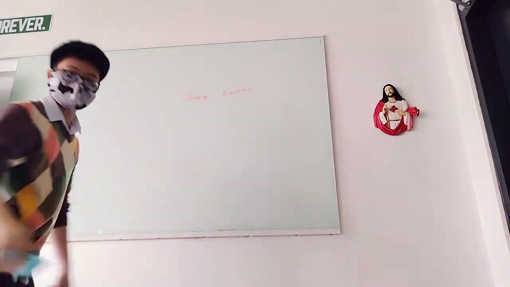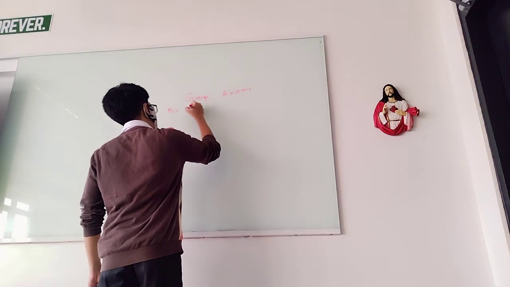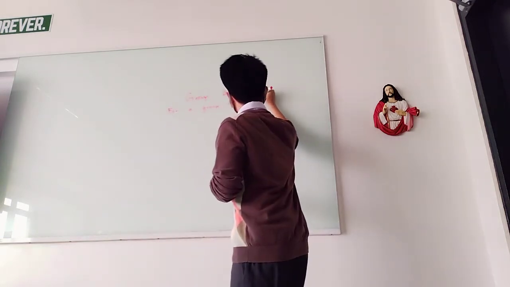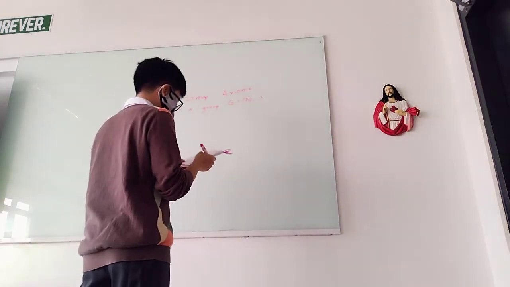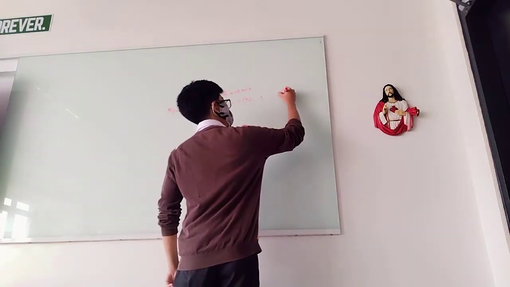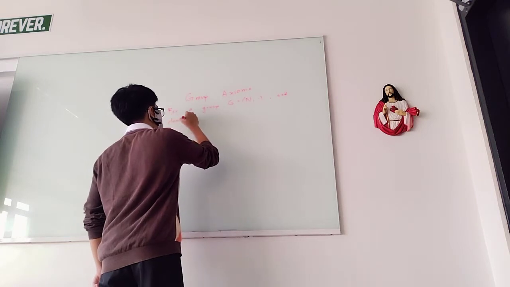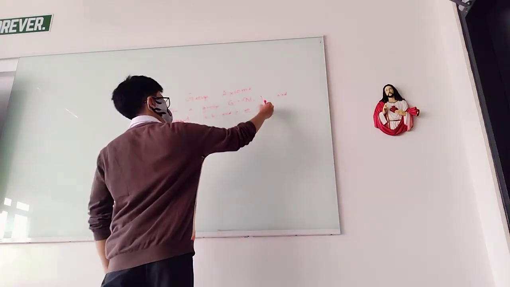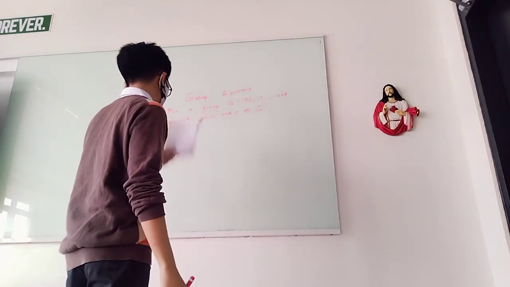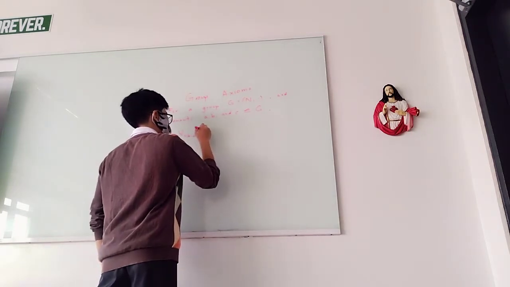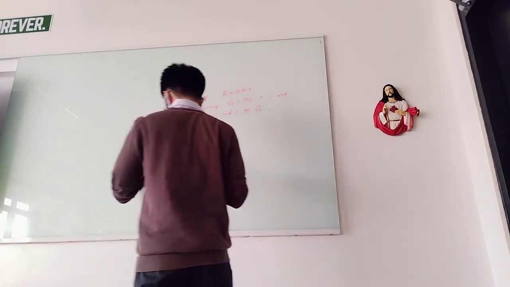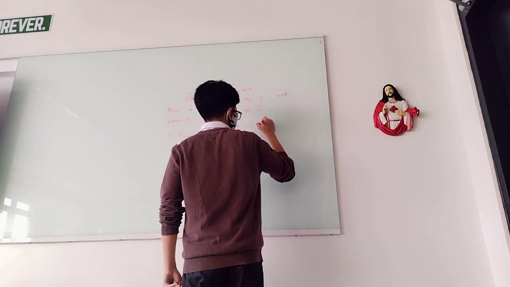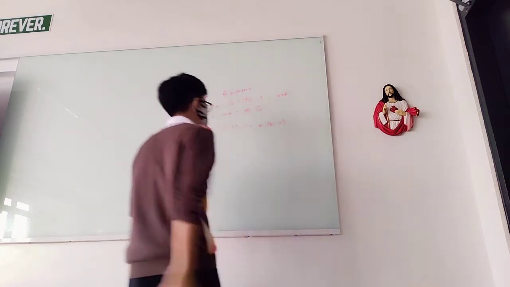Of course, for a group G equals N with some operation dot, which we will say is the multiplication operation, and elements A, B, and C in G. The first axiom that a group must satisfy is that for all A, B, C inside G, A times B inside the parentheses times C is equal to A times parenthesis B times C close parenthesis.